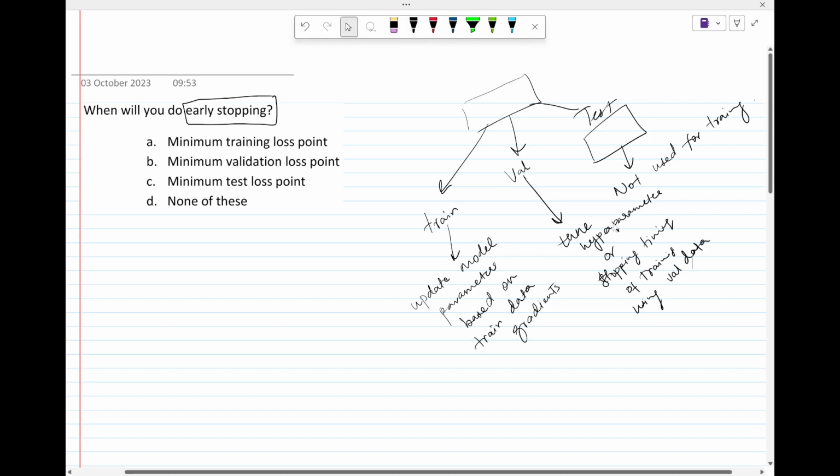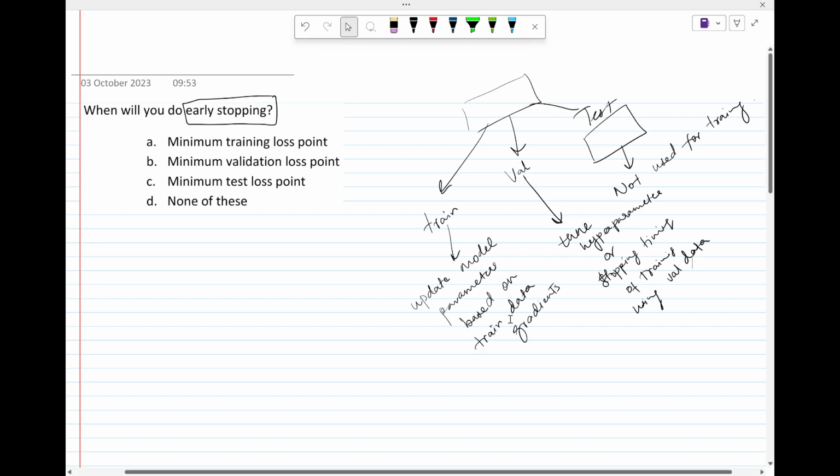So hyperparameters can be like how much dropout to use, how many layers to use. These are hyperparameters that you don't update based on gradient. How many layers, how much dropout, how many channels to use, what should be the dimension of your hidden layer, these things are not computed based on gradients.